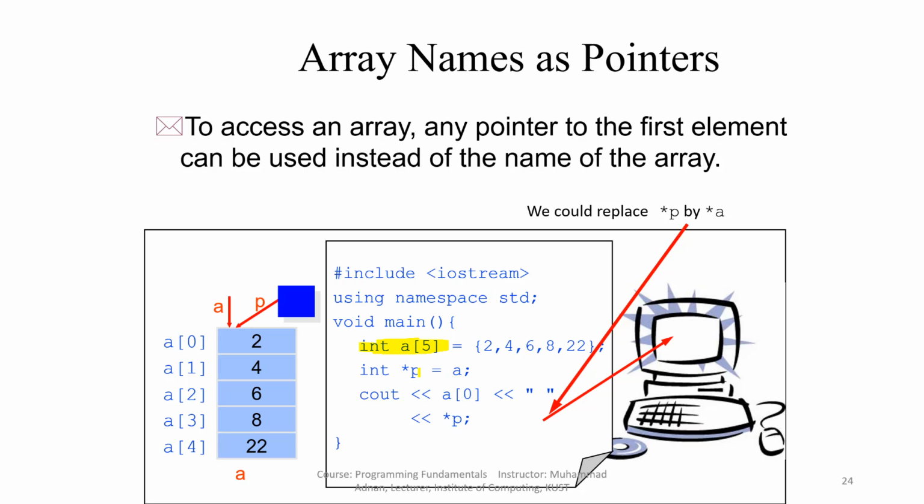So now p is pointing to the first element of this array a. If we write this statement, a[0] will print 2 and *p will also print 2, because both a and p are pointing to the first location of the array.